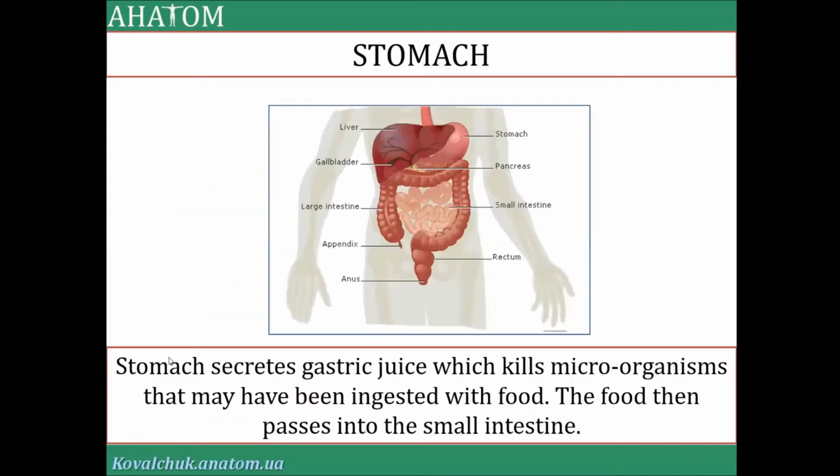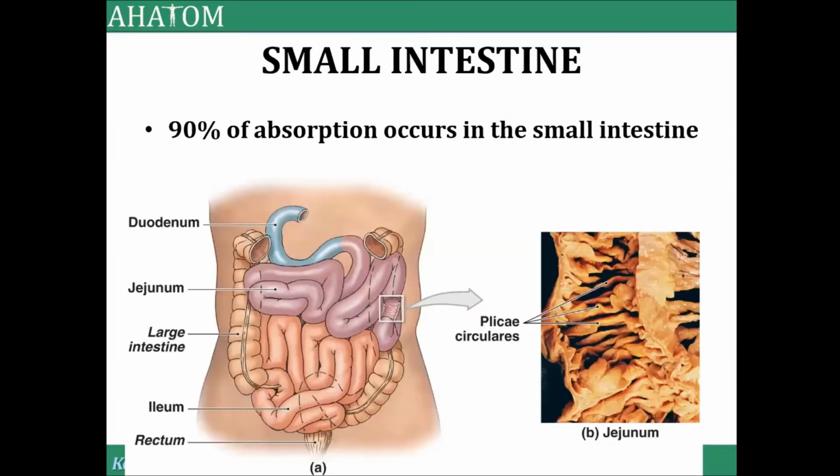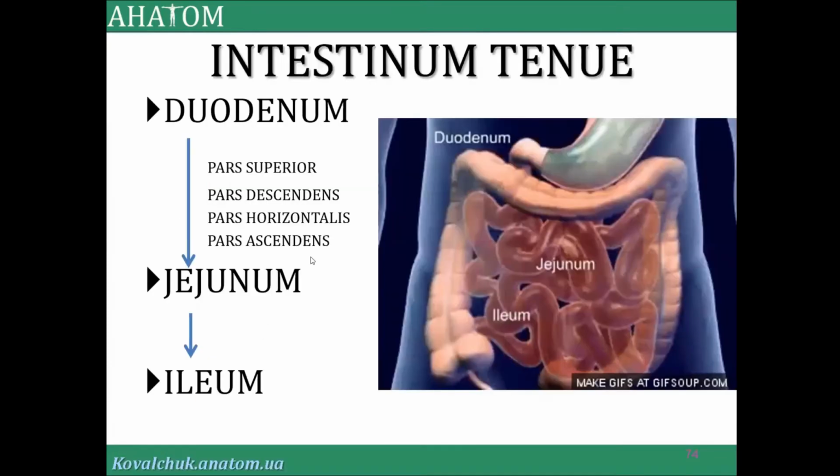And after the stomach starts the small intestine. Small intestine: the first part is the duodenum, next is the jejunum, and ileum at the end. So 3 parts of this small intestine, or intestinum tenue in Latin: duodenum, jejunum, and ileum. And duodenum has 4 parts: superior, descending, horizontal, and ascending part.